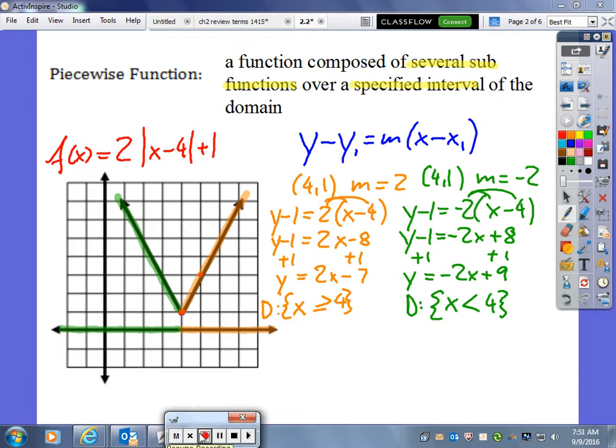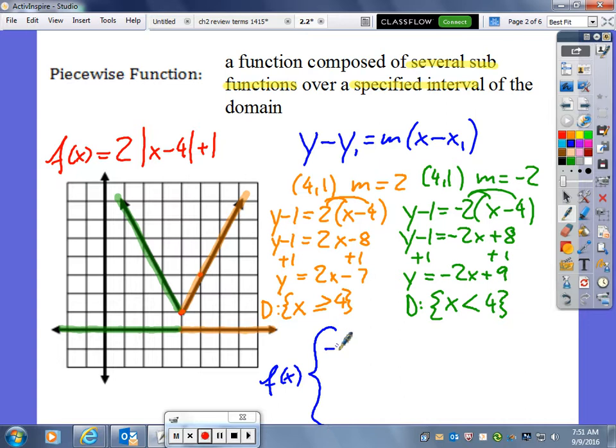We can now combine these two parts as a piecewise function in the way we write it, f of x, and then we use a big braces and write down both subfunctions with their domains.